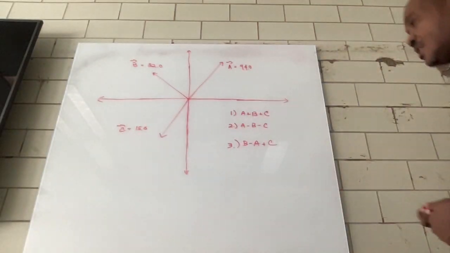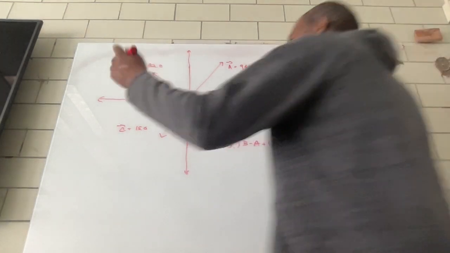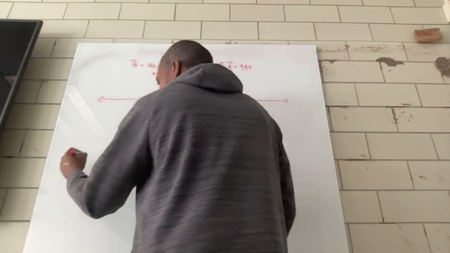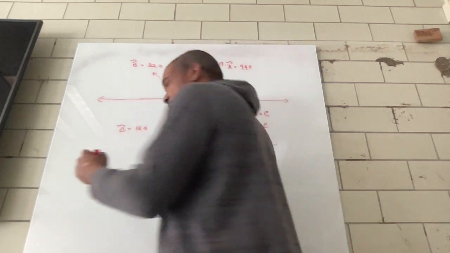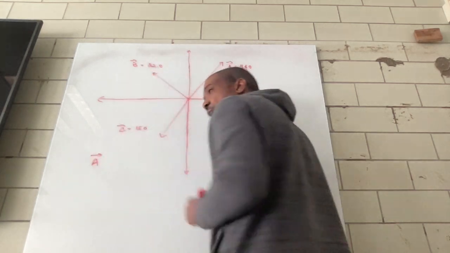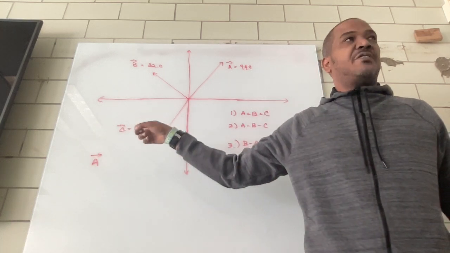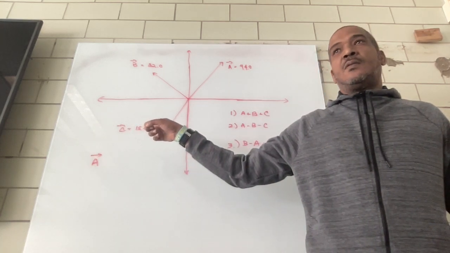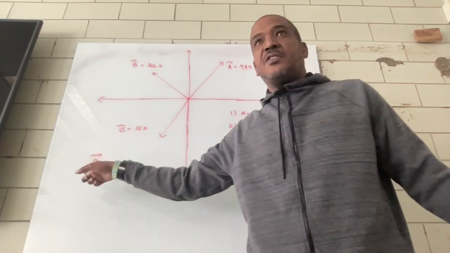Every vector has 2 components, x and y component, right? X and y. So the vectors here are what? Vector A. This is what I do: I draw A and I draw the arrow on top of it, that says that's a vector. The A with the arrow on top of it says that's a vector.